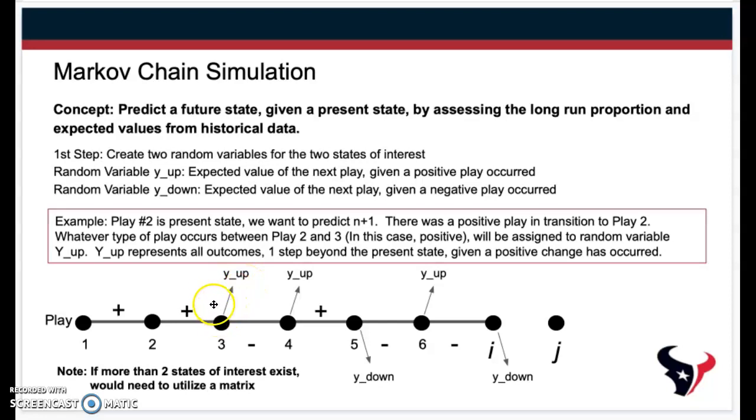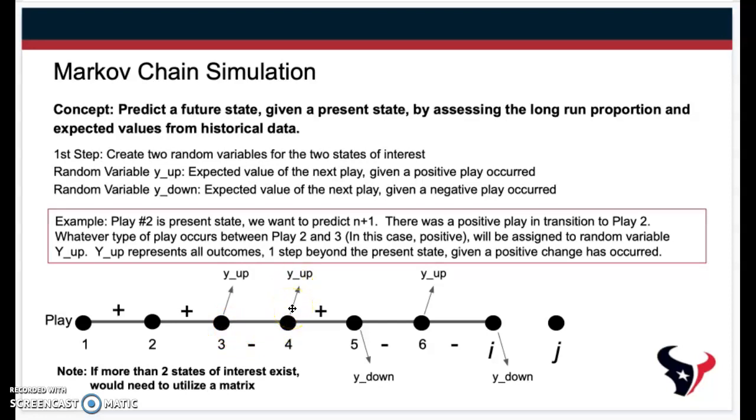And then likewise, we're going to observe the next transition. So from play 2 to play 3, if it's positive again, regardless if it's negative on the next play, we're going to store that in the positive random variable.